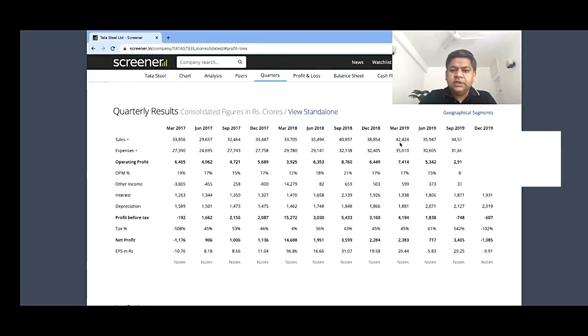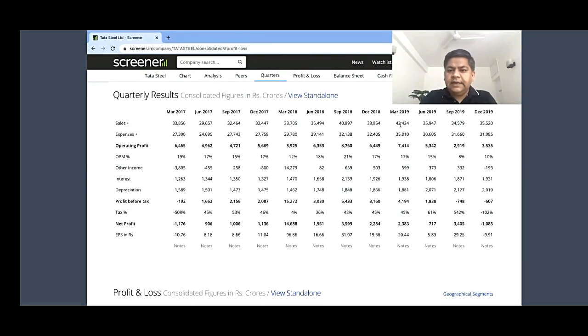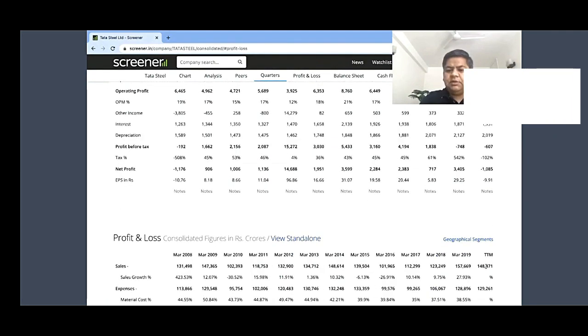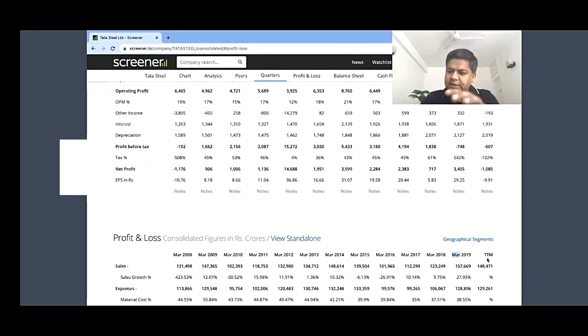quarter results. So if I go and add this plus this plus this, you will get this number. So don't get confused about TTM. Latest quarterly result, latest annual profit and loss is this much. March 2019 they reported. They are supposed to report, they will now, after this March 2020, now that it's over, we are in April, very soon you will see March 2020 annual profit and loss statement written here.